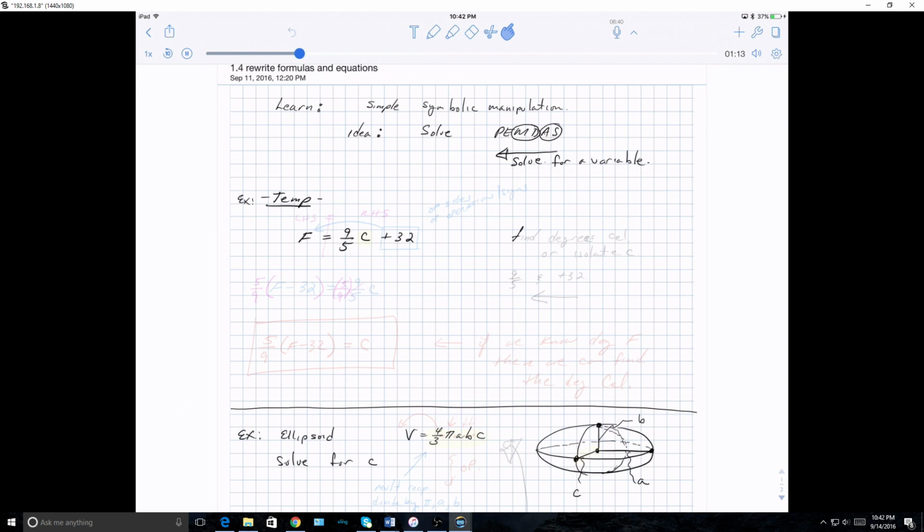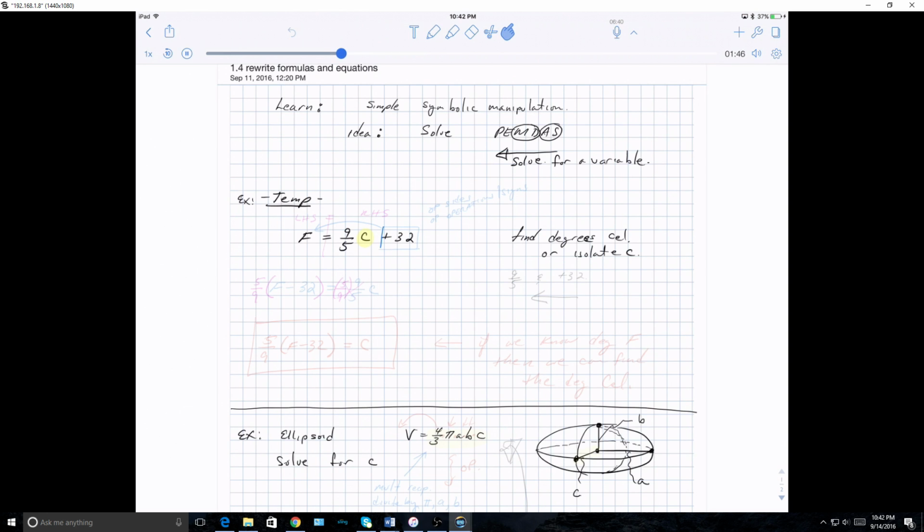So what we'll say is, over here, just find degrees Celsius, or another way to do it is isolate C. So the only thing that we have to keep in mind again is that we need to get C isolated. So this becomes an easy problem.